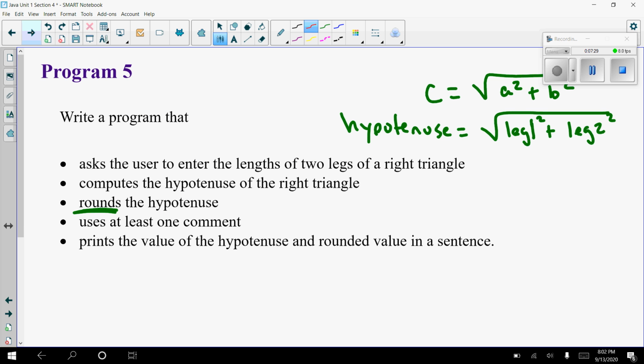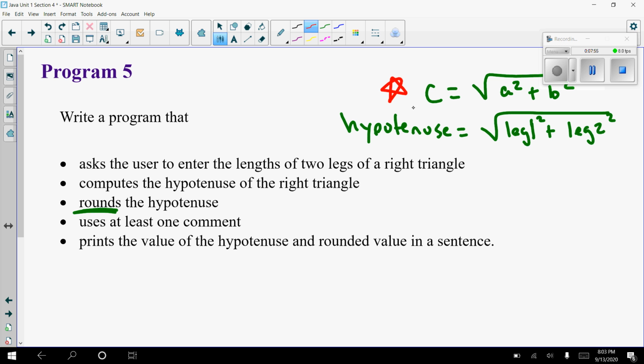So this is going to be important as you try to write a program that asks the user to enter two lengths of a right triangle, computes the hypotenuse of the right triangle, rounds the hypotenuse, uses at least one comment, and prints out the value of the hypotenuse and the rounded value in a sentence. So you're going to have the two values there, the rounded and the non-rounded.